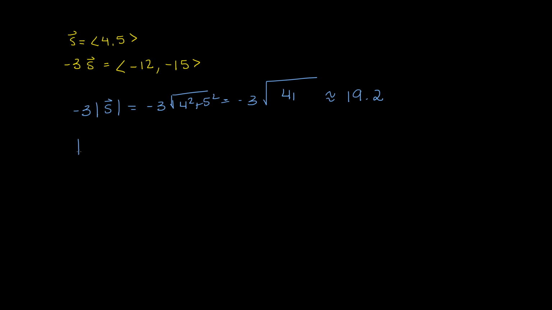If I did it the other way, with -3 times the s vector, we get the square root of -12 squared plus -15 squared, which equals the square root of 369. Again, we get approximately 19.2.